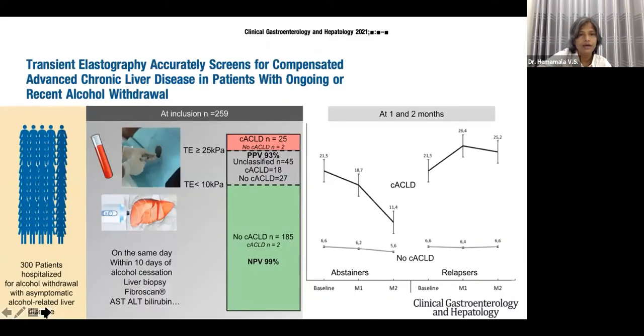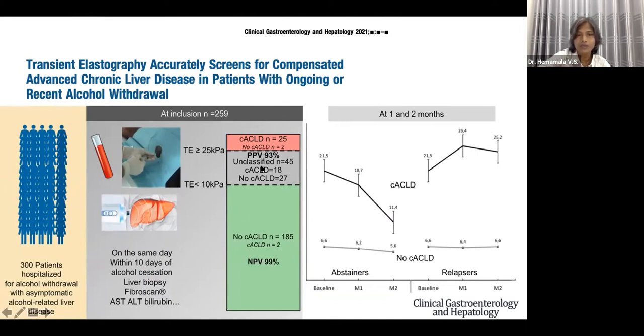And this is another interesting study. They have looked at patients who were admitted with alcohol withdrawal. That means they have been taking alcohol up until recently, and they have done transient elastography as well as liver biopsy within the first 10 days of admission. So 300 patients. And what they have seen is stiffness less than 10 kPa rules out advanced disease. Stiffness more than 25 kPa rules in compensated advanced liver disease by liver biopsy.